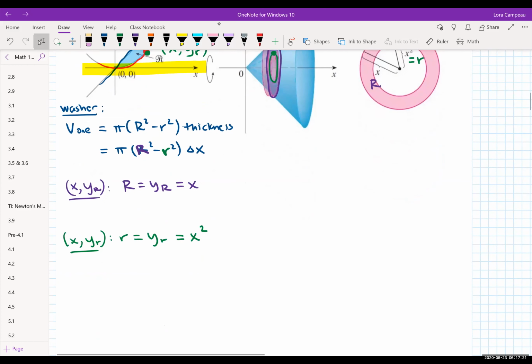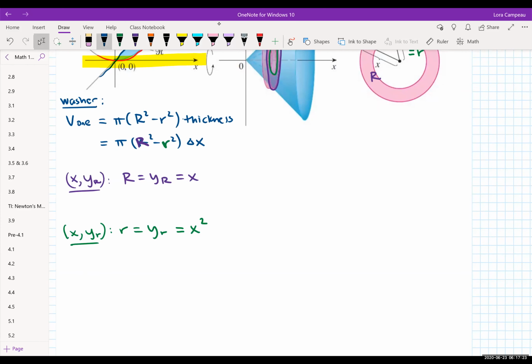Doesn't hurt to see it over again. So now you could say, well, if I want to continue this volume of one, instead of writing the capital R, we should have the x, still squared. Subtract off lowercase r, in this case x squared.